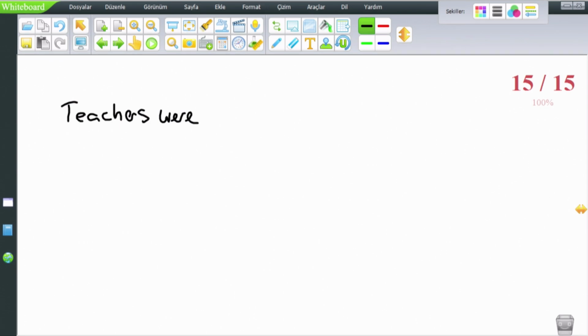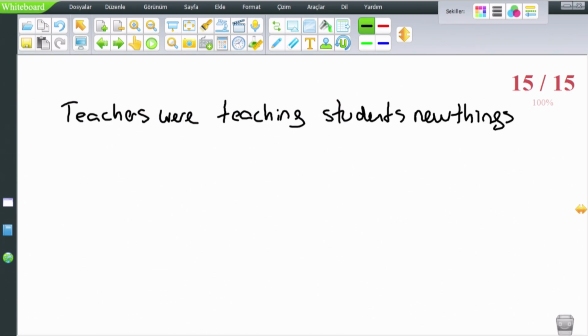Teachers were teaching students new things. This is a past progressive sentence. You can see the verb ing form.